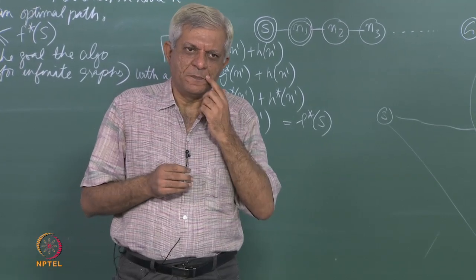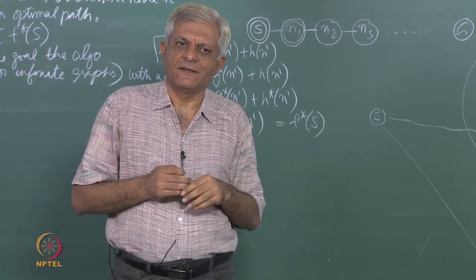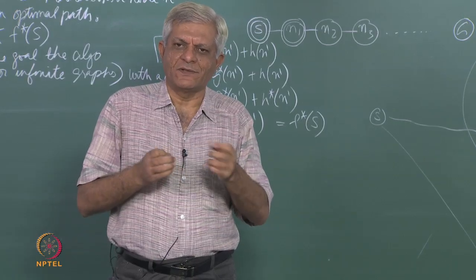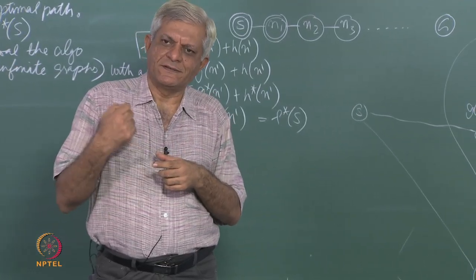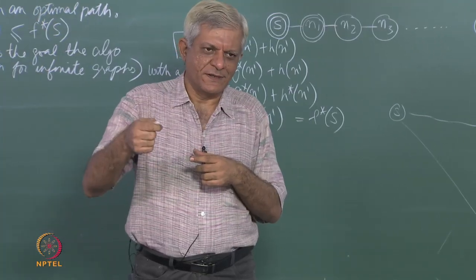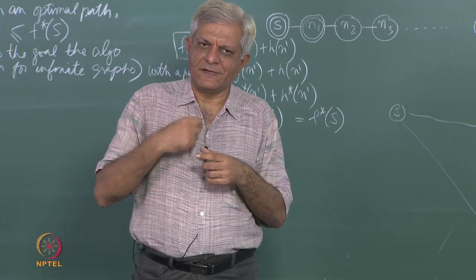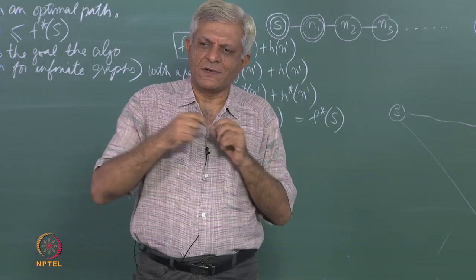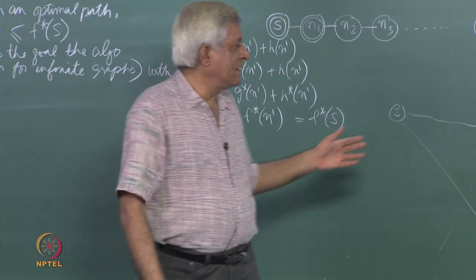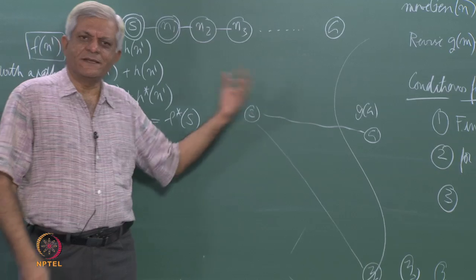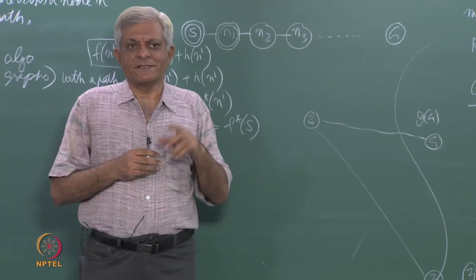So, it is possible to assign edge costs, for example, I will assign 1 to the first edge, half to the second edge, 1/4 to the third edge, 1/8 to the fourth edge, and keep dividing by 2. What will happen? I will have an infinite path whose total path length will be finite essentially, and that finite value could be less than this G value, which means that it could get actually trapped in that infinite path, which has a finite total cost.